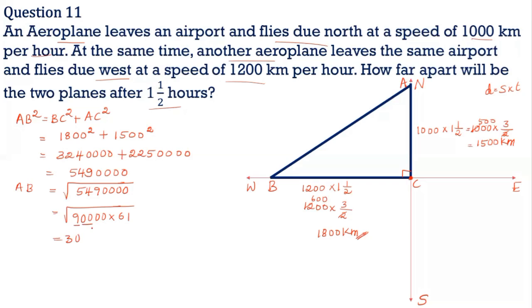For 4 zeros, we have to write 2 zeros when we take square root. So 300 root 61. Therefore, AB is equal to 300 root 61. Distance between two aeroplanes after 1.5 hours is equal to 300 root 61 kilometer.